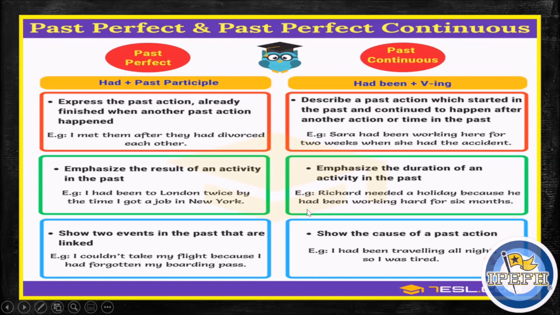For example, Richard needed a holiday because he had been working hard for 6 months. And we use it also to show the cause of a past action. In this case: I had been traveling all night, so I was tired. So here we have a comparison of the use of the past perfect versus the past perfect continuous.